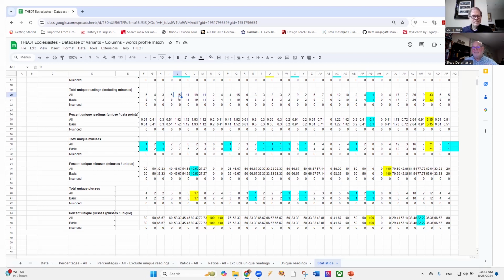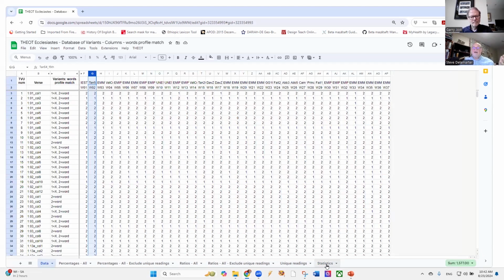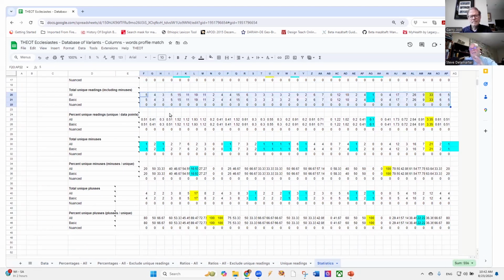This manuscript has a whole bunch of idiosyncratic readings. This one is the winner for being most idiosyncratic. So that's just a real interesting understanding that derives immediately from the data sheet, though you can't see it until you have this script that runs through and just aggregates this particular kind of data.